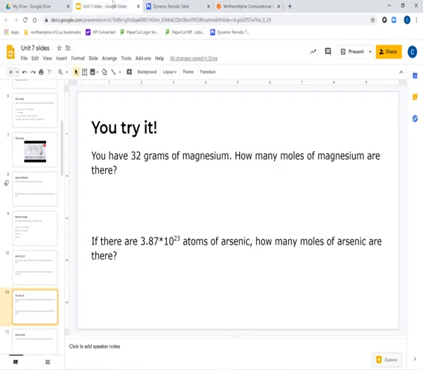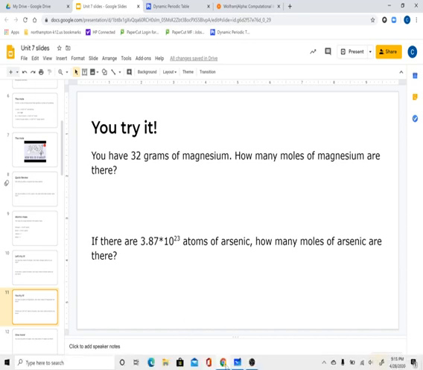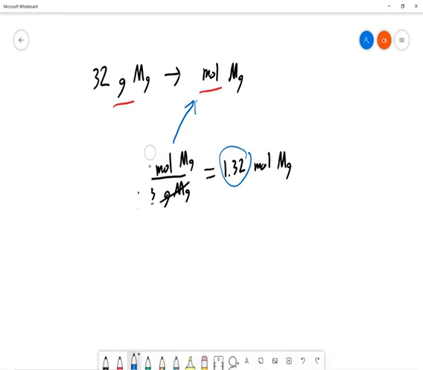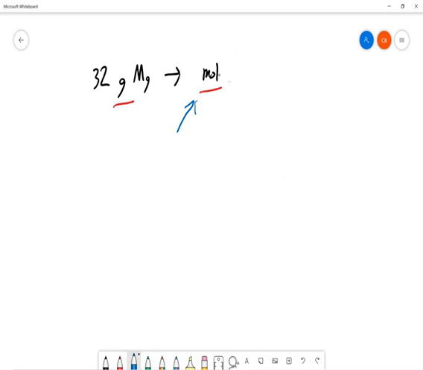Our next problem. Okay, this one's a little bit different. We have 3.87 times 10 to the 23rd atoms of arsenic. How many moles of arsenic is that? Okay, we need to think about this one for a second. So 3.87 times 10 to the 23rd. I'm going to double check that because I want to make sure that's correct.